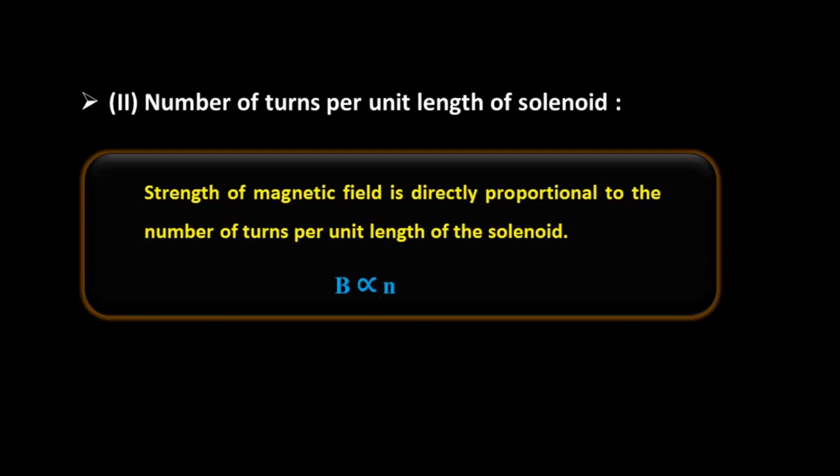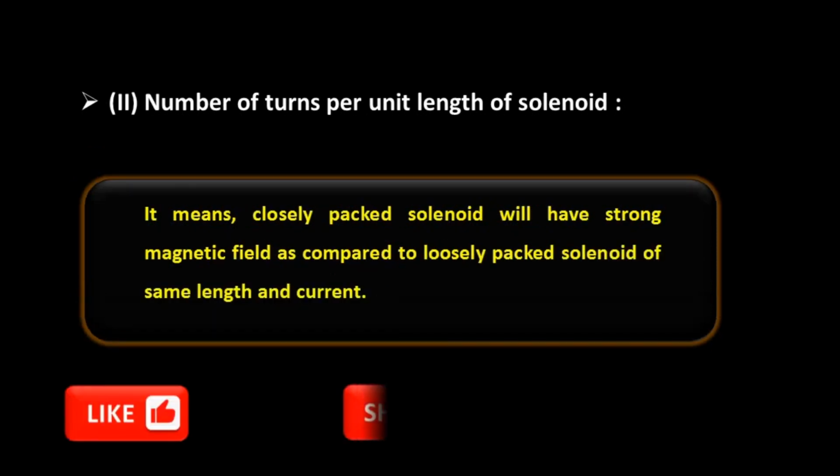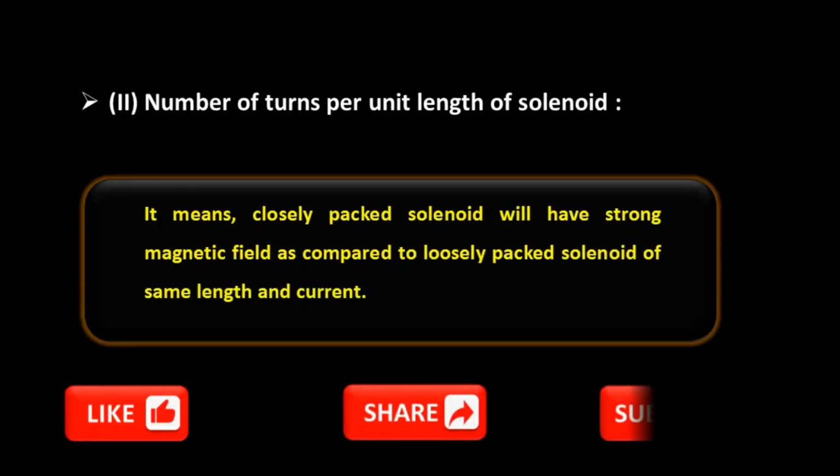If turns increase, magnetic field increases. If turns decrease, magnetic field decreases. It means a closely packed solenoid will have a strong magnetic field as compared to a loosely packed solenoid of the same length and current.